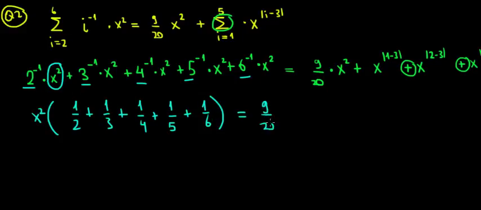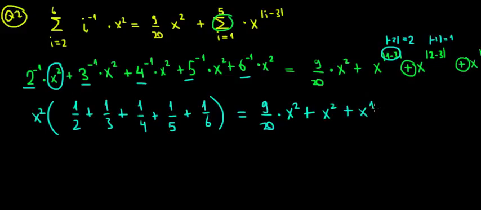And here we have 9 over 20 times x squared plus, what do we have here? x to the power of minus 2 in absolute value. What is minus 2 in absolute value? Well, the absolute value of any number gives a positive value. So that's going to be just x squared. Then what happens in the next term? 2 minus 3 in absolute value is minus 1 in absolute value, and that's 1.